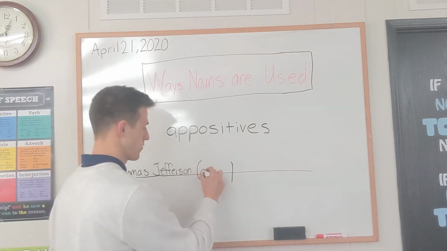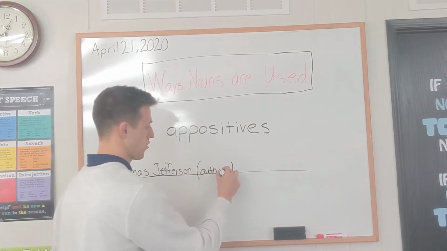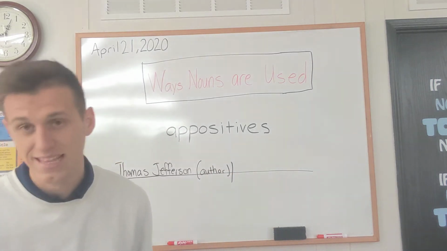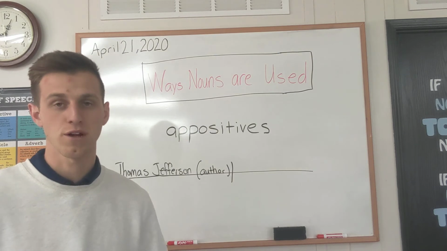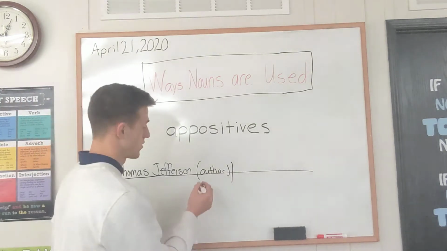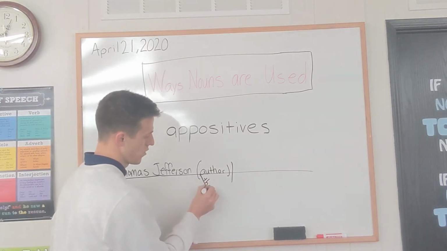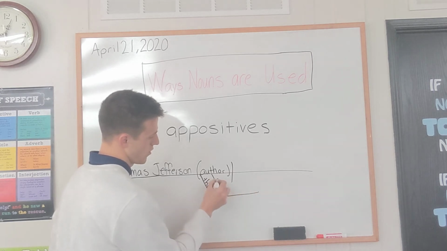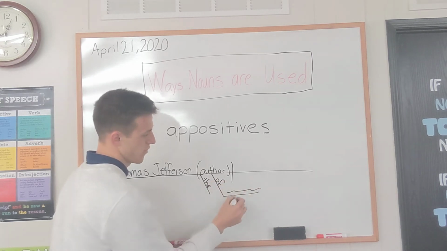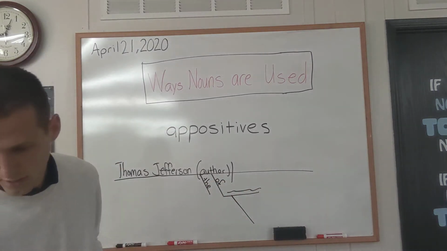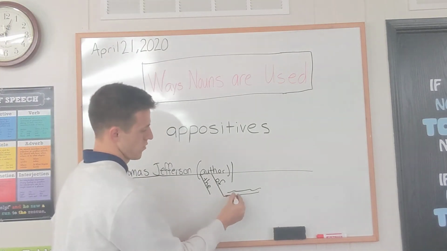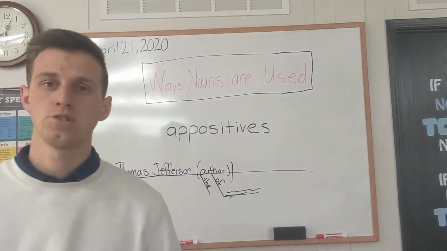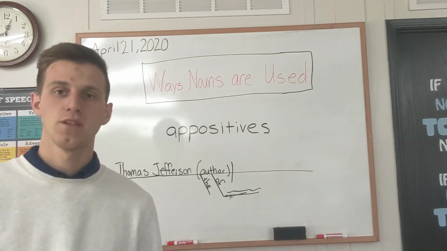So here we have author, and then anything that's describing or modifying within our appositive phrase would go underneath it. So we'd have the, of, and Declaration of Independence. Yeah, Declaration of Independence would all go right up there to describe our appositive, okay?